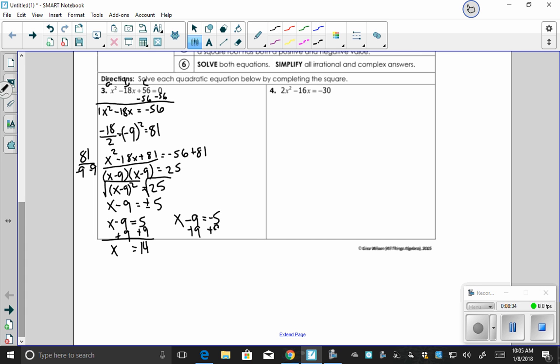Add 9 to both sides, x equals 4. That is how you solve by completing the square. You can also see it written as something like this. They both mean the same answer.